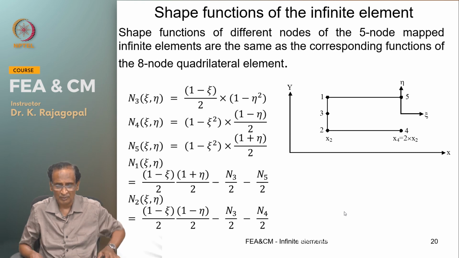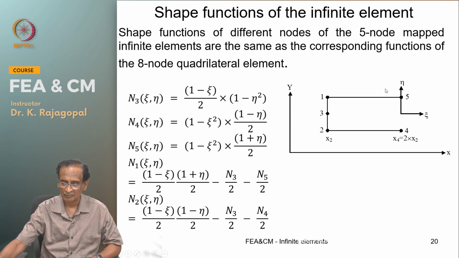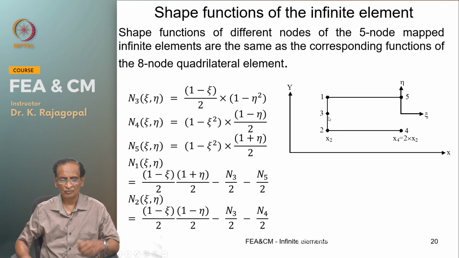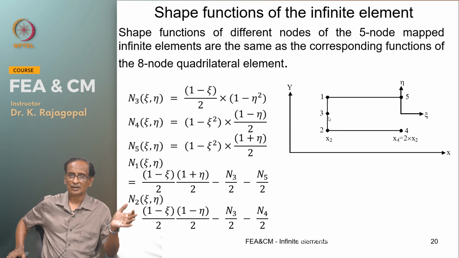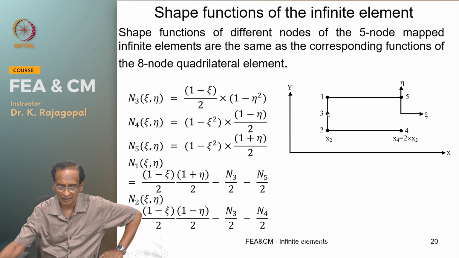So now let us look at the shape functions for the infinite elements. In the infinite element I have considered only 5 nodes out of the 8 nodes, and the other 3 nodes are at infinite distance. So the shape functions we can get by the progressive correction methods that we had seen earlier.